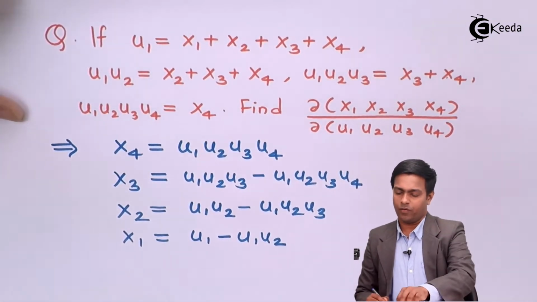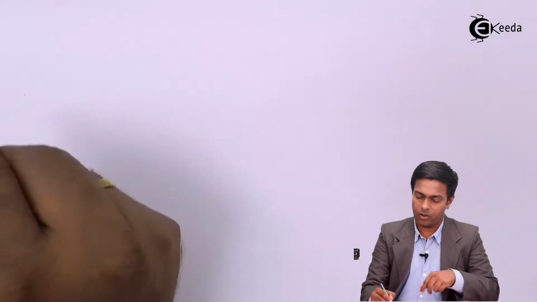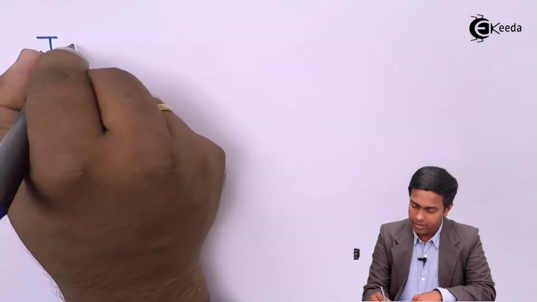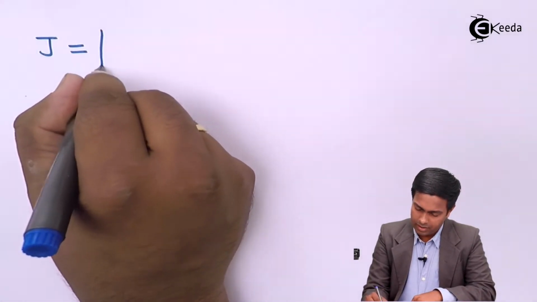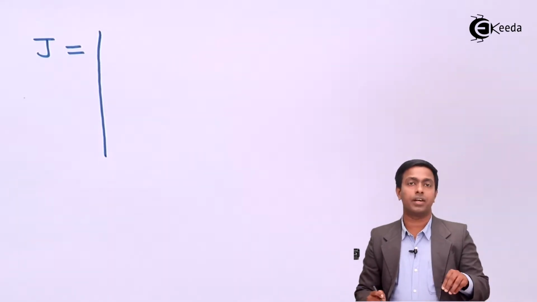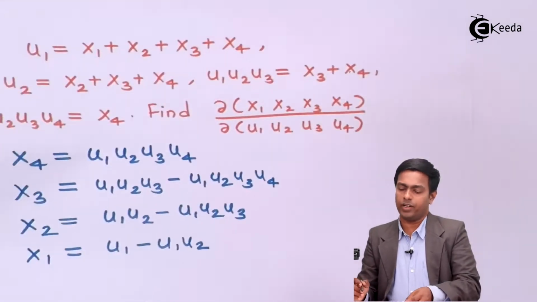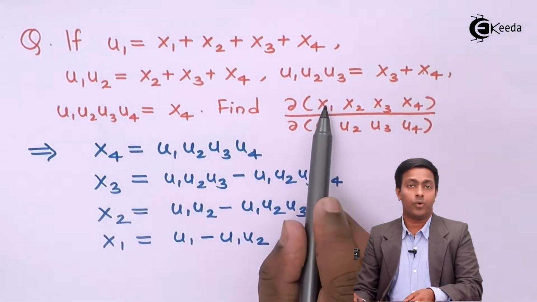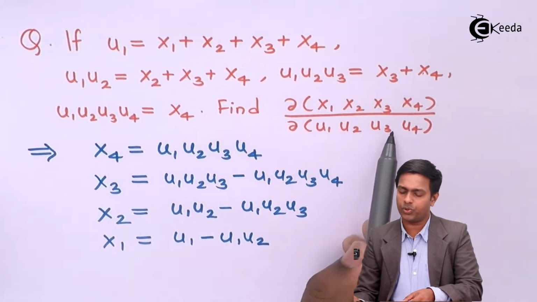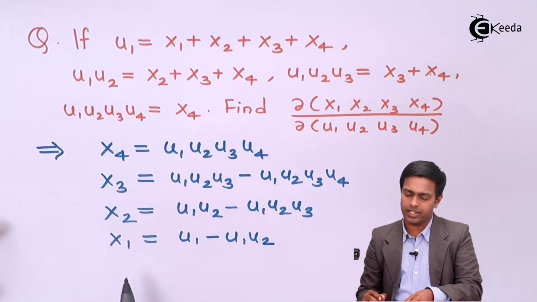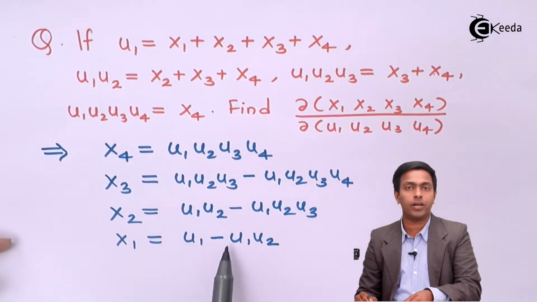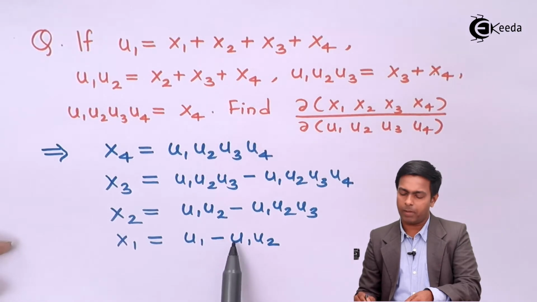So for that we'll find out the Jacobian, and now we'll require a big determinant. In the first row of the determinant, we'll differentiate x1 with respect to u1 u2 u3 u4. When I differentiate x1 with respect to u1, we will get 1 minus u2.